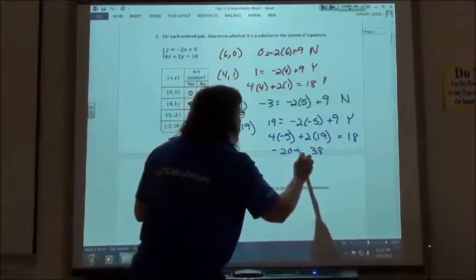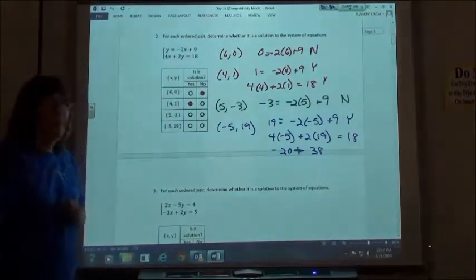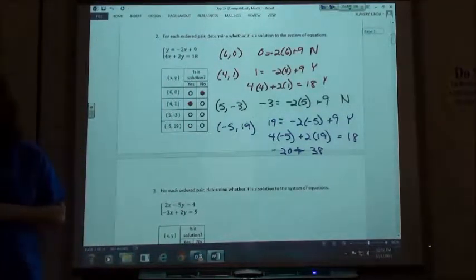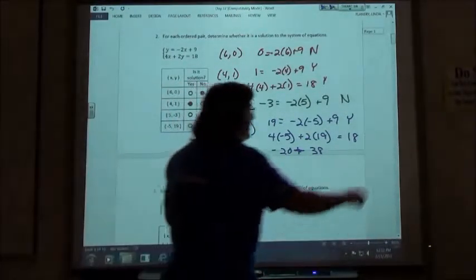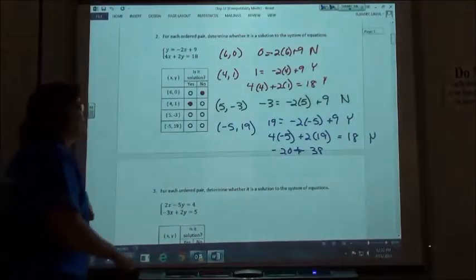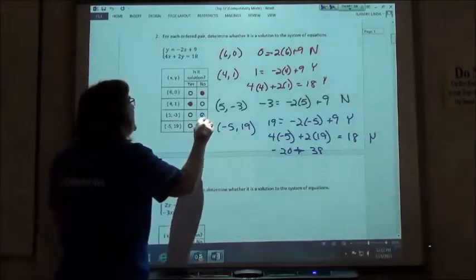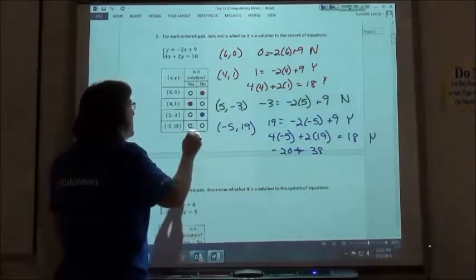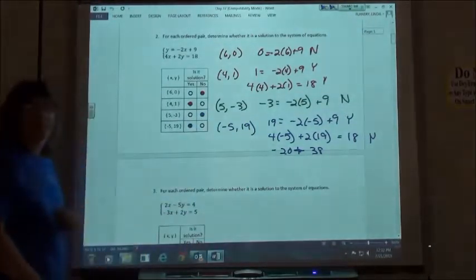Whoops, plus. What's a negative 20 plus 38? 18. Looks to me like it works. We get a yes and a, oh, I forgot to mark the no up here. That was the third one was no. The fourth one looks like it should be yes.